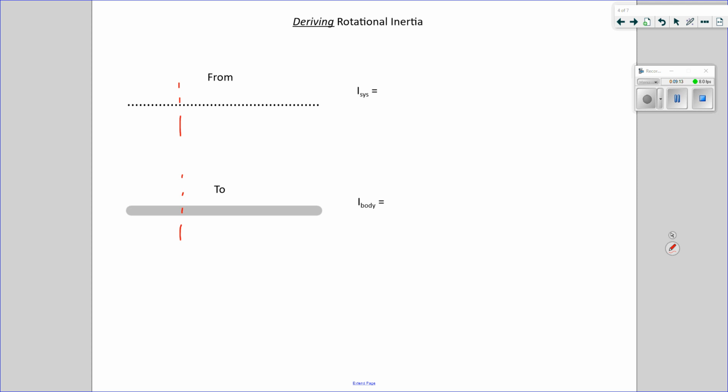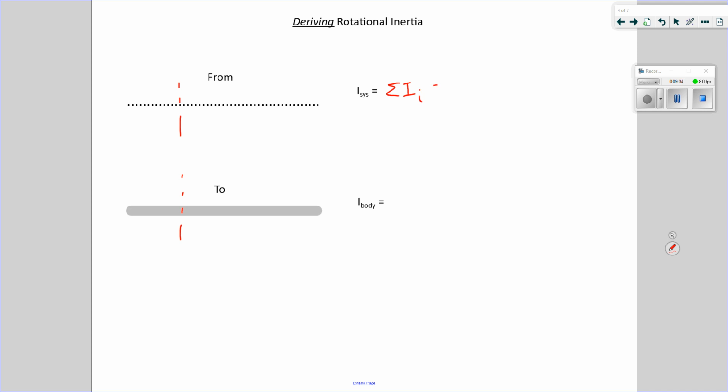By definition, what I'm trying to show on the top is, let's say these are a bunch of discrete objects. Well, what we would do is take the sum of all the rotational inertias of each of the objects.